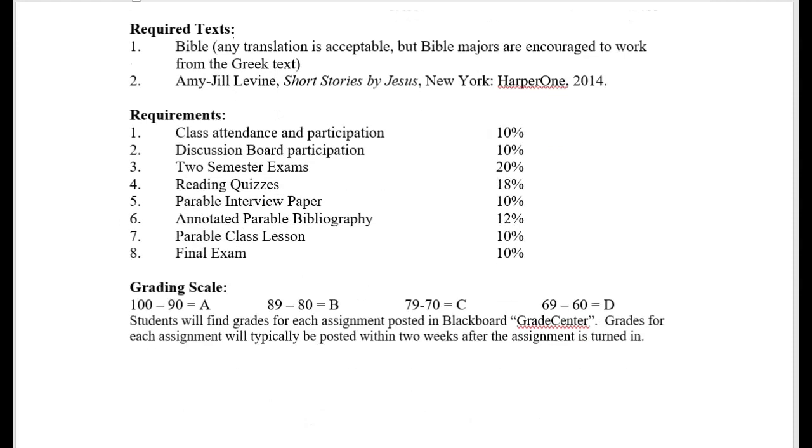There are 2 semester exams here, or I guess we could say 2 term exams, since this is just half of a semester. There are also reading quizzes to make sure that you're staying on top of the reading that is assigned in Levine's work.